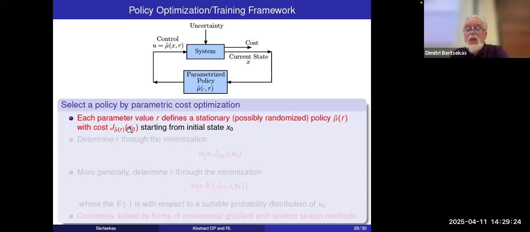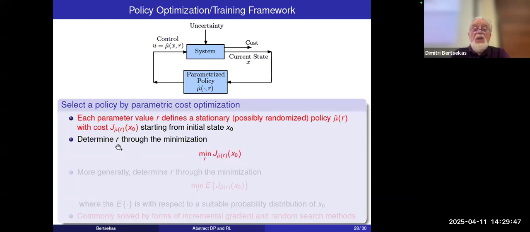Once you plug in this policy, it has a cost starting from a given initial state. And okay, so this policy observes the current state, knows the current parameter, applies control, and all of this evolves over an infinite horizon and generates a cost, and this is the cost that you see here.